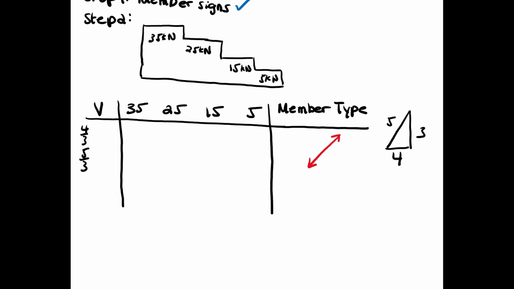So I should probably write this out better. We should say V times that is equal to H, and V times this is equal to D.